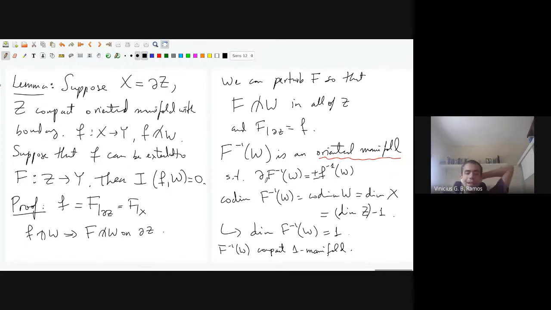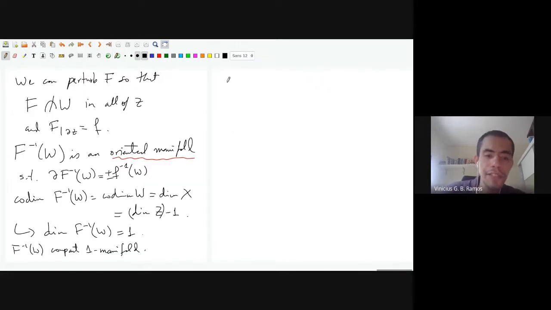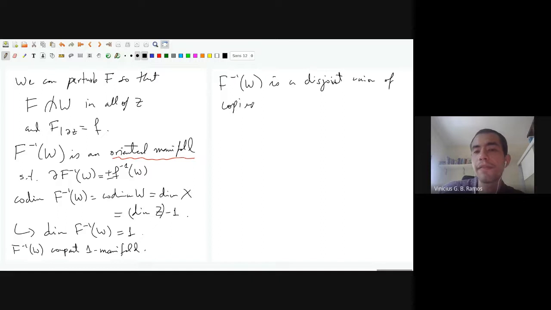And it better be, because the boundary is the preimage of W by little f, which we already know is a finite set of points. So this is a compact one manifold, which means that it is a disjoint union of copies of closed intervals and S1s.